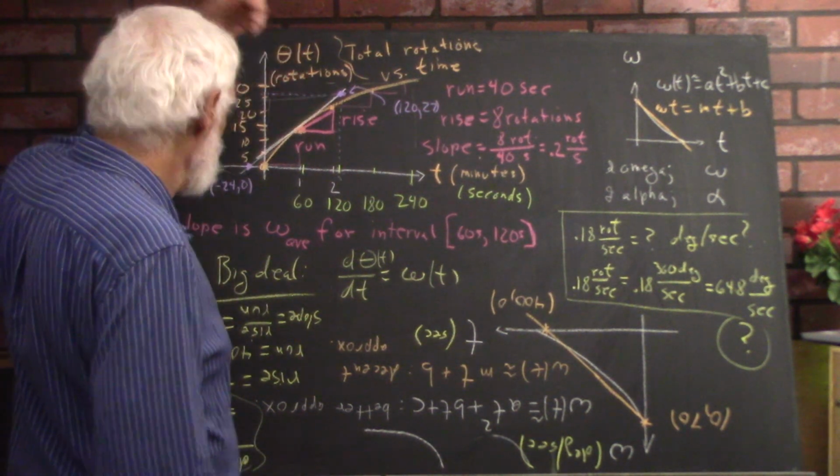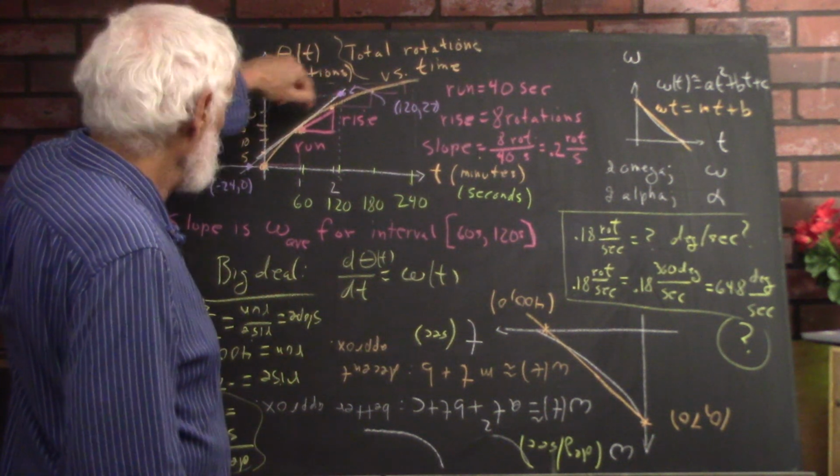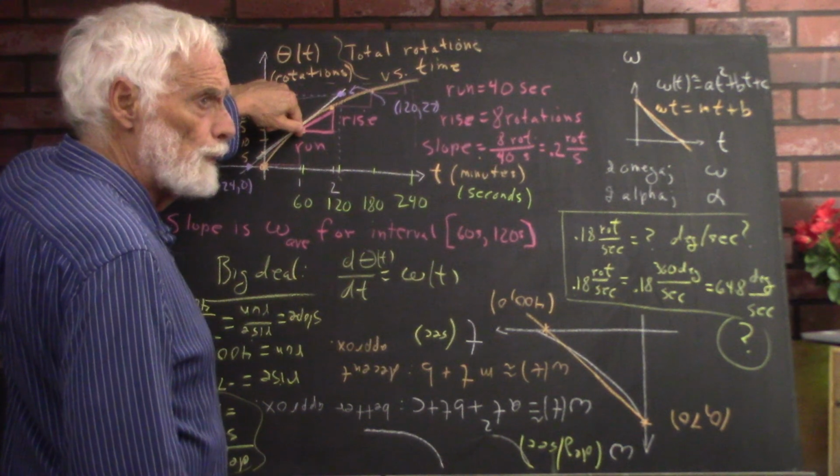Between any 2 points, we can do a run and a rise. Now I actually drew this as if it was between 2 data points, and we generally won't do that.